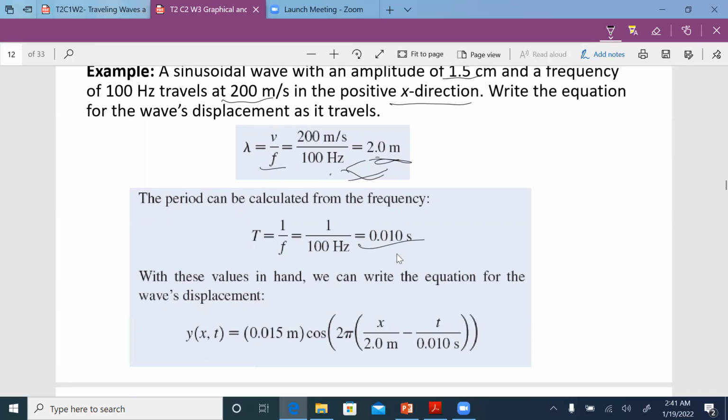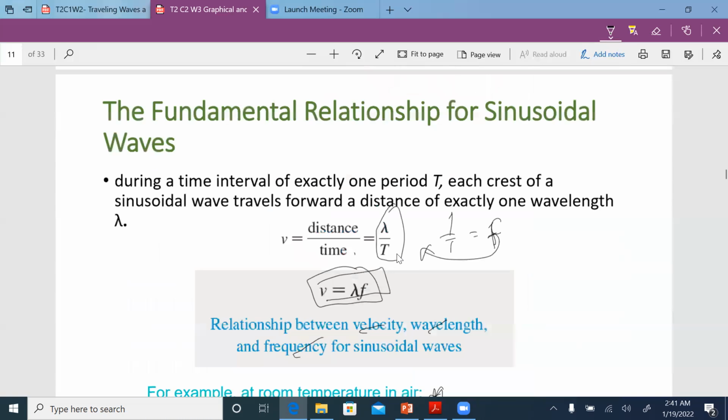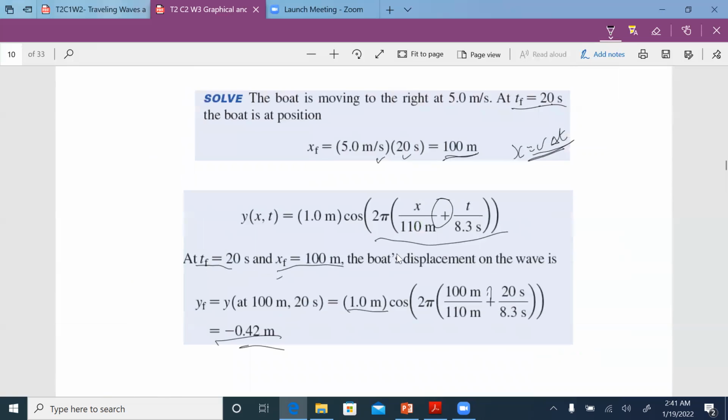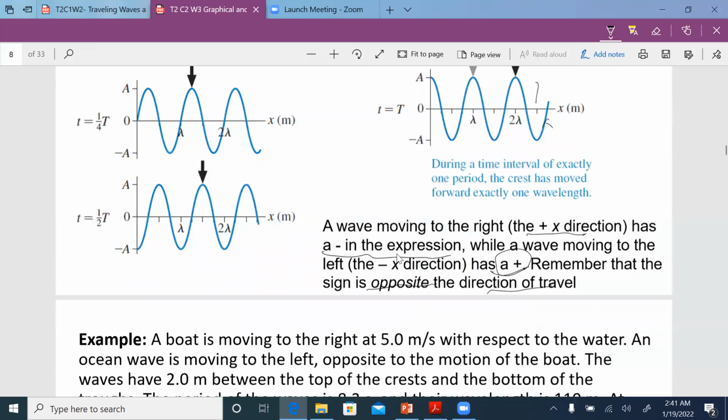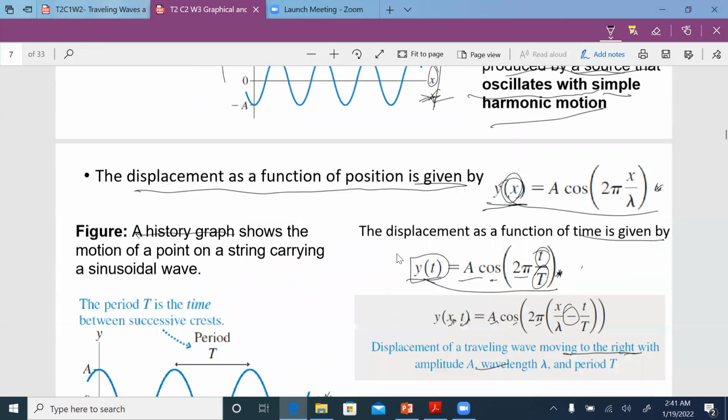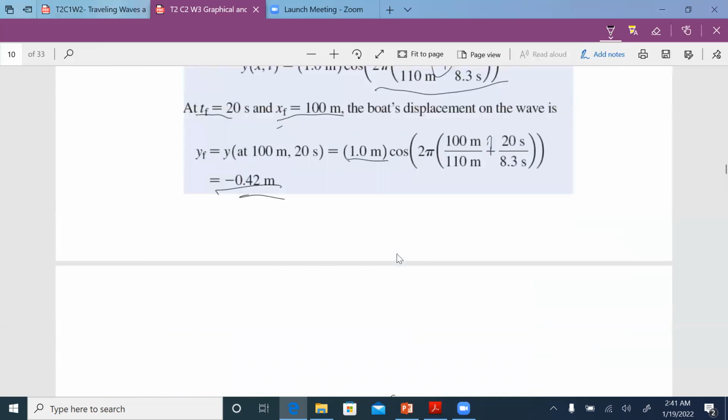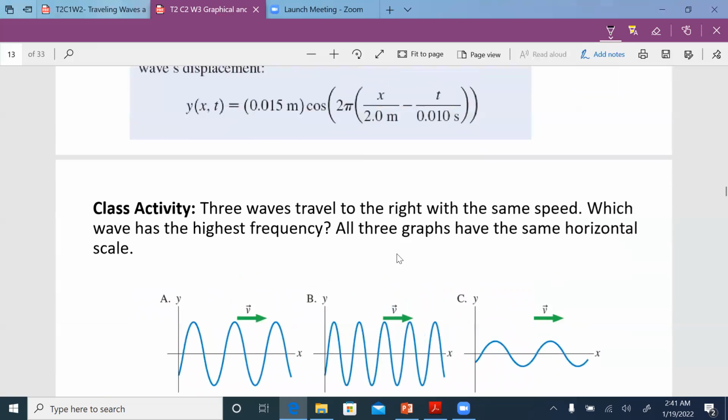So with this value in our hand, we can actually substitute into the equation we have, which is this very equation here. Amplitude cos. Okay, so take note of that equation.